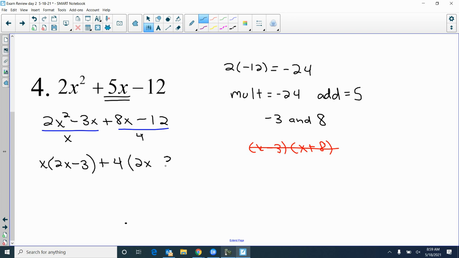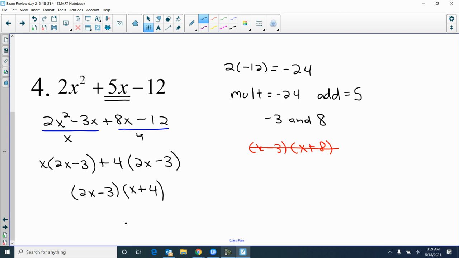Negative 12 divided by 4 is minus 3. And so you should get the same pair, and that's important. Now when I factor out that pair, you get 2x minus 3 times x plus 4.